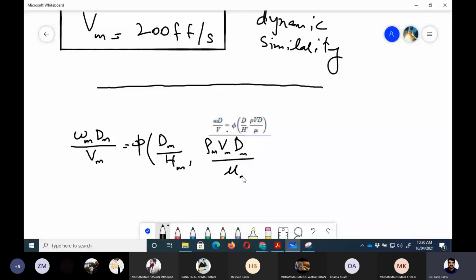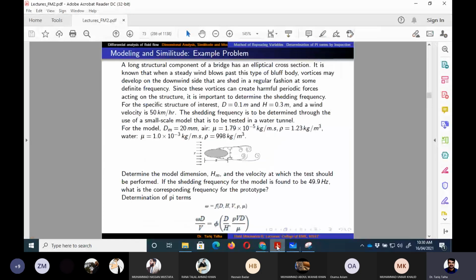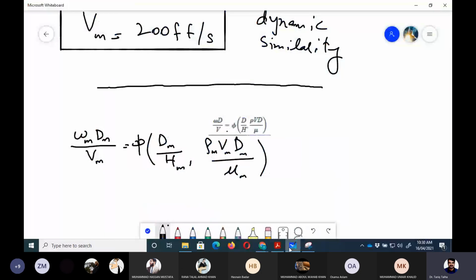Now, if you read the statement here, first of all, we need to determine the model dimension h_m. So, to determine h_m, what we need to do is equate this d upon h.